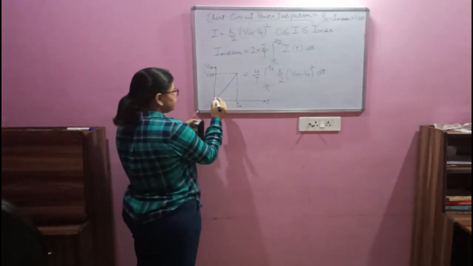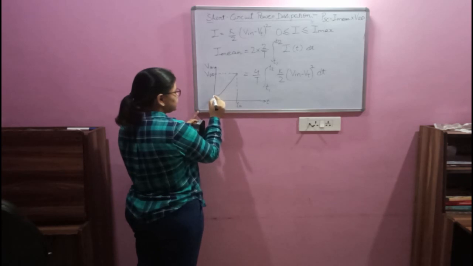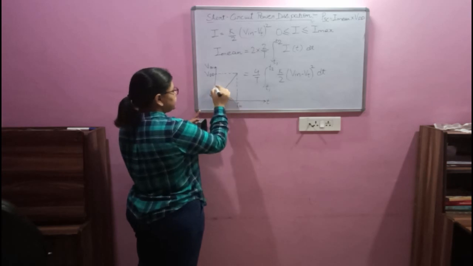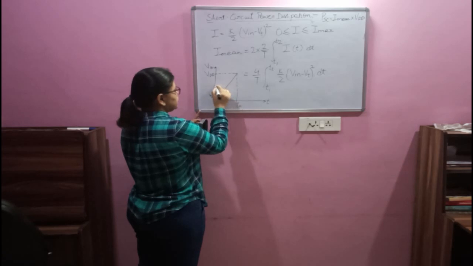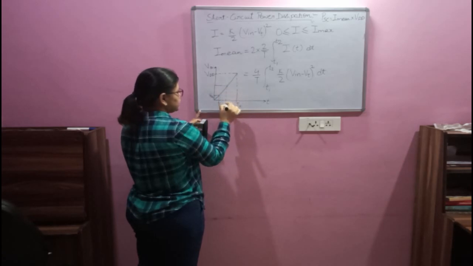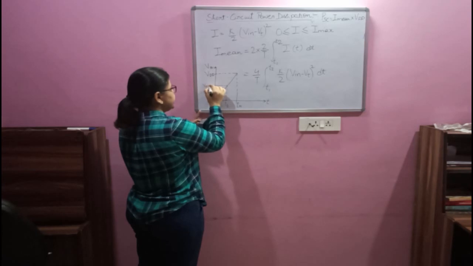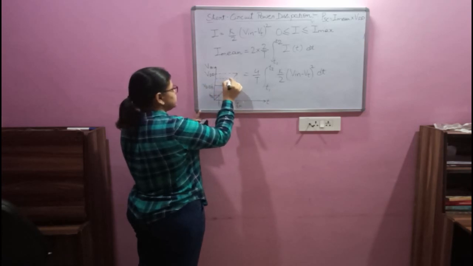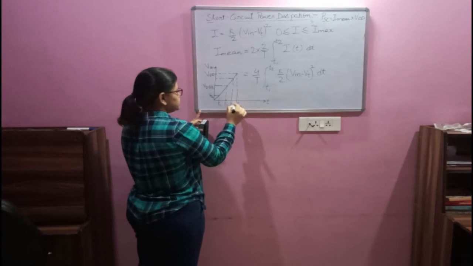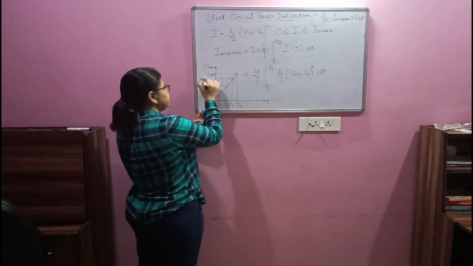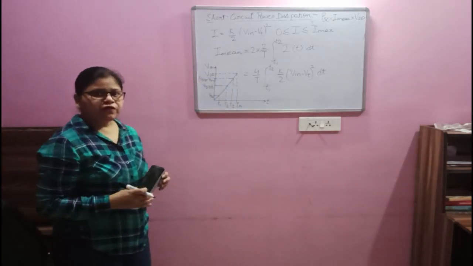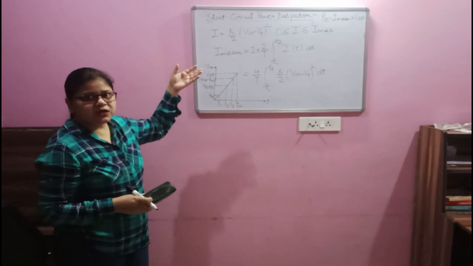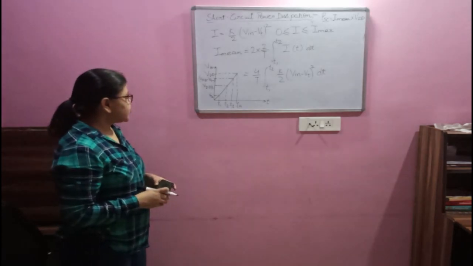In between we have certain points: at VTN it was acquiring T1, this is at VDD by 2, this was T3, and this was at VDD minus VTN. This is what we drew earlier in the waveform for the input signal and the current with respect to the input signal.